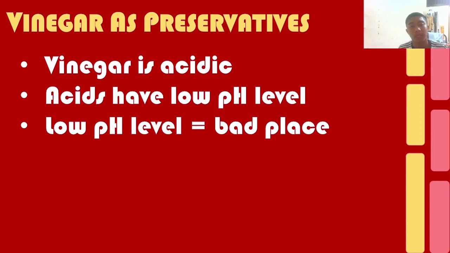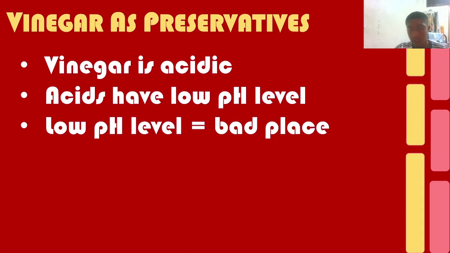Now, why does this low pH level preserve food? Low pH level, as you can see I've written there, equals a bad place. It is a bad place for bacteria to grow. Once our liquid is low in pH, bacteria won't grow, or maybe they will grow, but very slowly, because of the conditions.